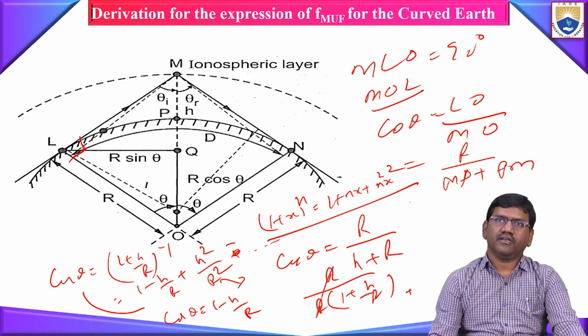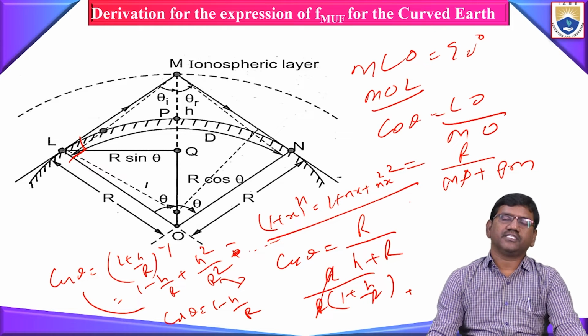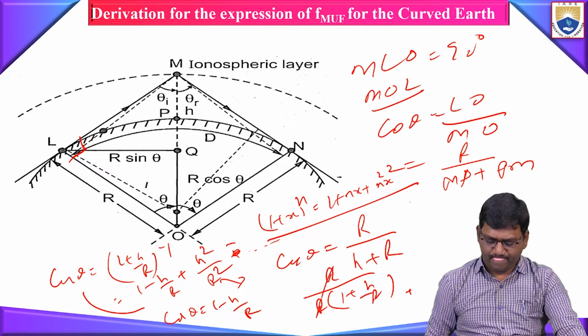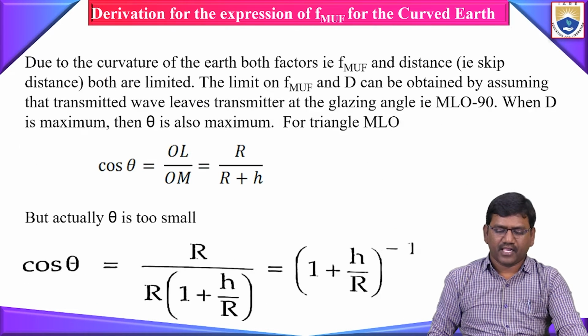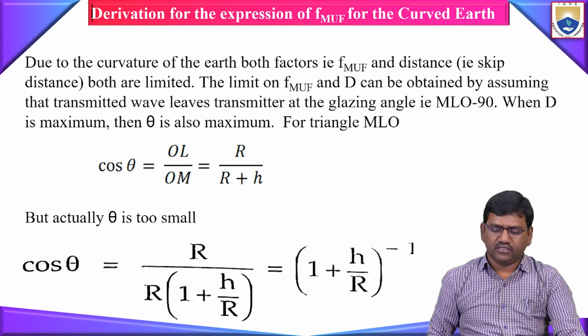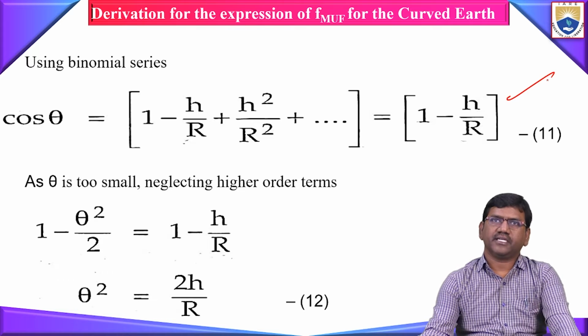Why? Because the radius of the earth is very large compared to the height of the transmitting antenna. The radius of the earth is measured in kilometers, whereas the height of the transmitting antenna is measured in meters. So from this binomial expansion we get 1 minus h by r.